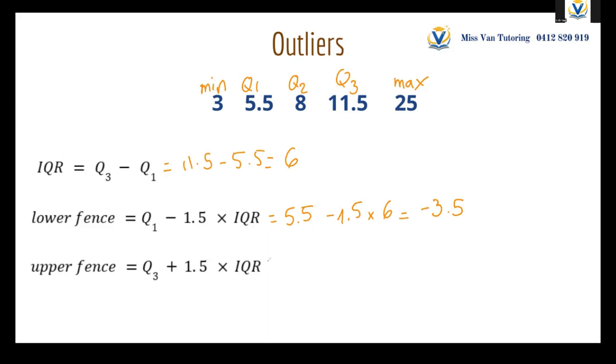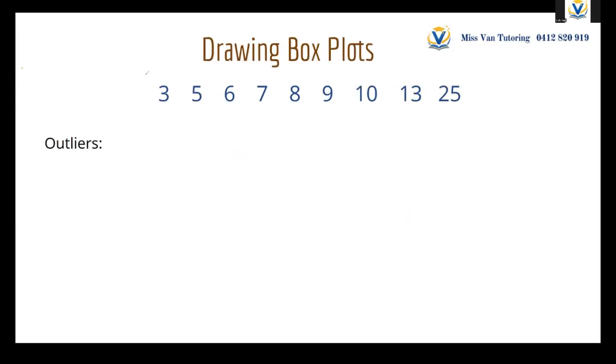Then I would find my upper fence, which is Q3 of 11.5 plus 1.5 times my IQR of 6, which would give me 20.5. So I know my lower fence is negative 3.5 and my upper fence is 20.5.